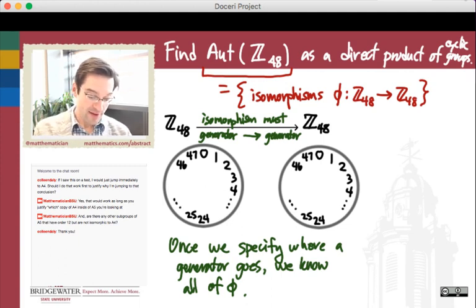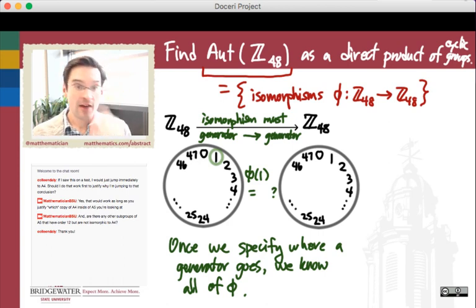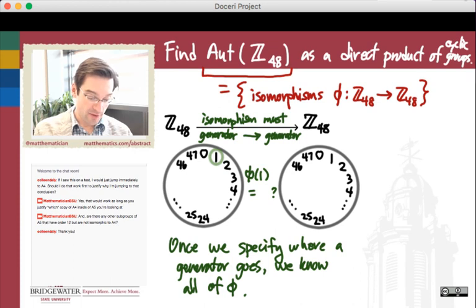So the question I would then ask is, let's single out a generator in the domain. Let's use the most obvious one, the number 1. If you tell me what phi of 1 is, then you've told me the entire isomorphism, because 1 generates the whole group. So then what are our choices? How many different places can we send the number 1 to? Well, here's where we need to plug in a fact that we knew from Chapter 4.